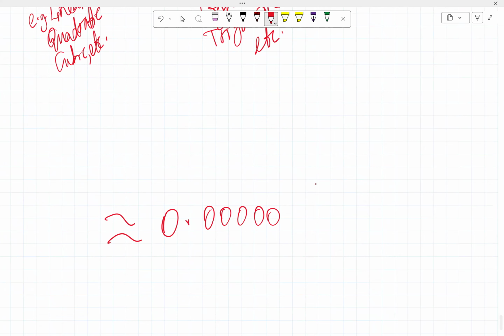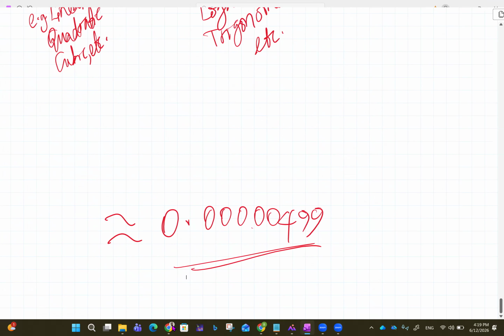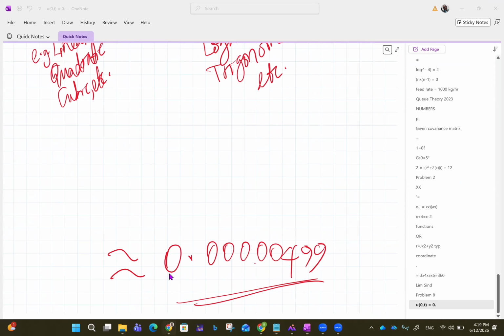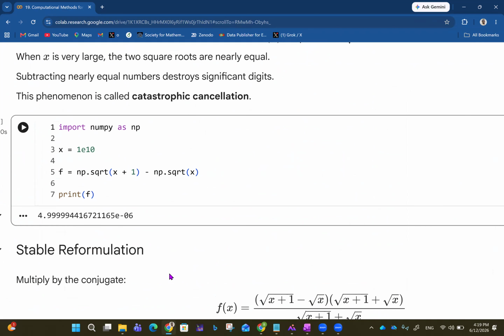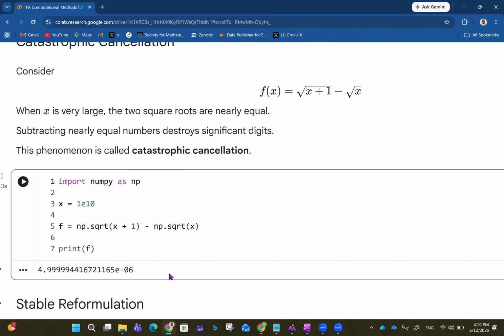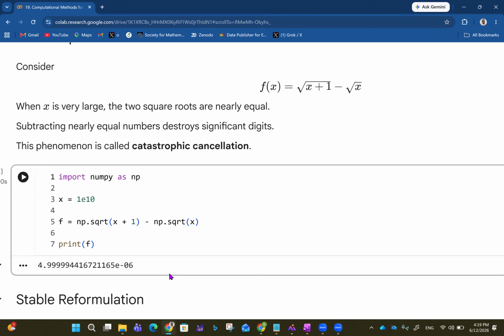It's pretty small, almost negligible, right? So that's catastrophic cancellation: subtracting nearly equal numbers, which destroys significant digits.